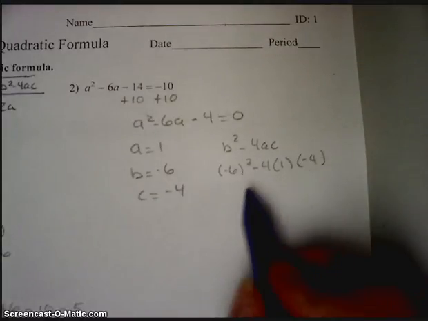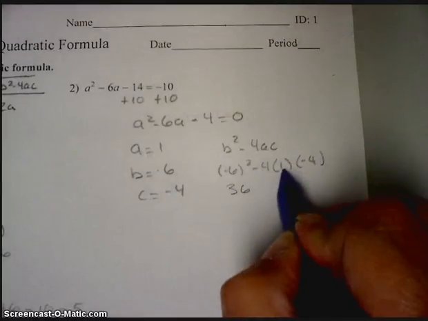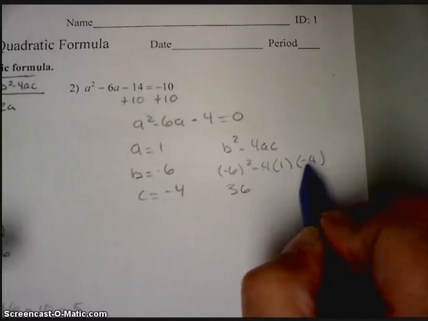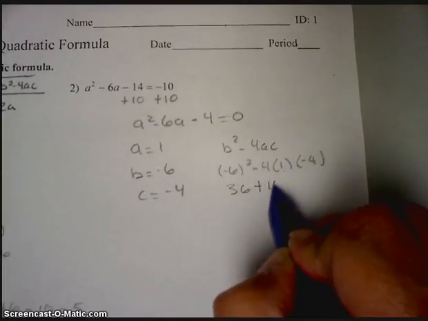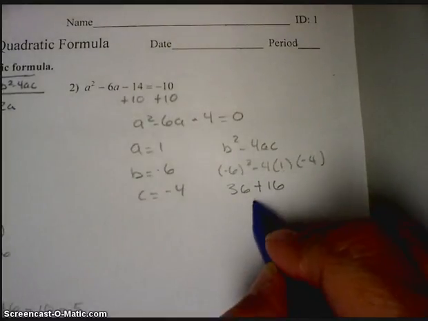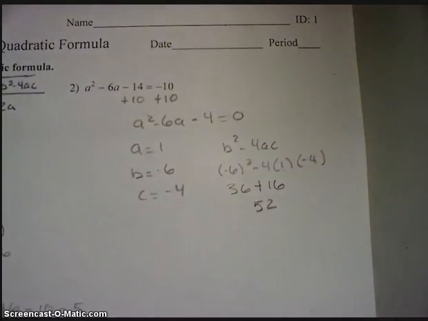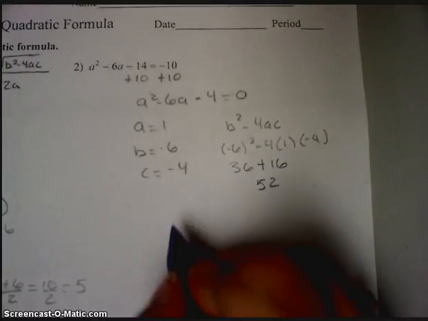Negative 6 squared is 36, negative 4 times 1 is negative 4, and negative 4 times negative 4 is 16, so I'm going to have plus 16. 36 plus 16 is going to give me 52.